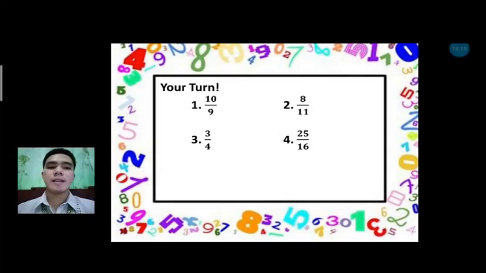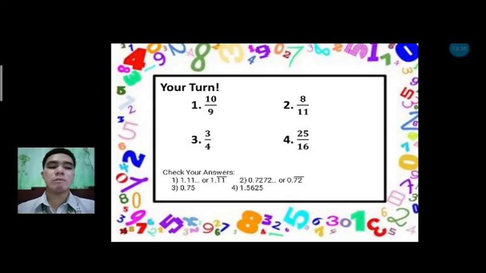So the correct answer will be, number 1, just check your answers. Number 1 is 1.11 and so on and so forth, or 1.1 with vinculum at the top of 1 after the decimal point.